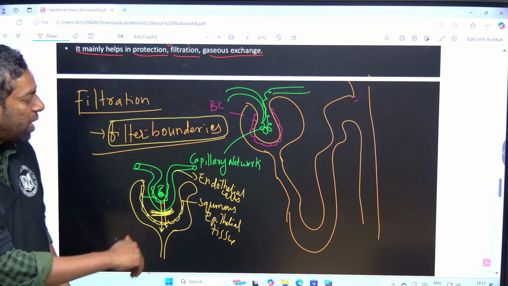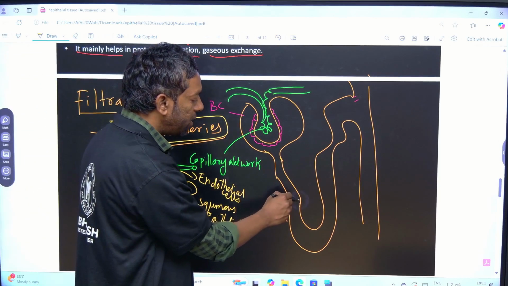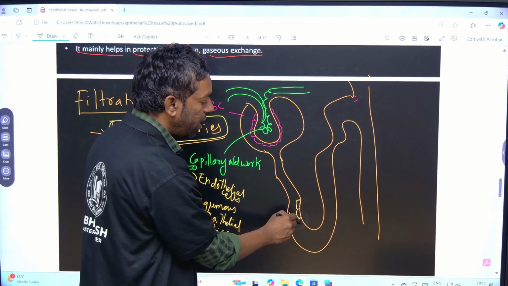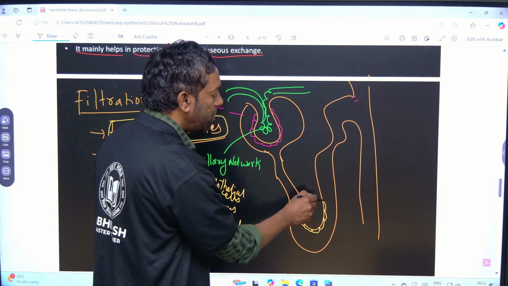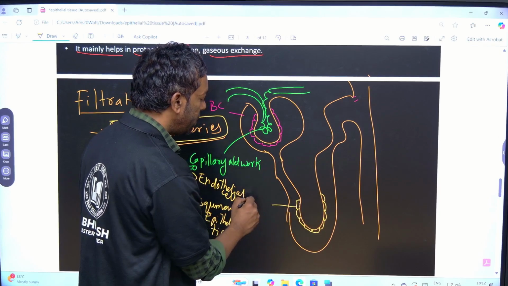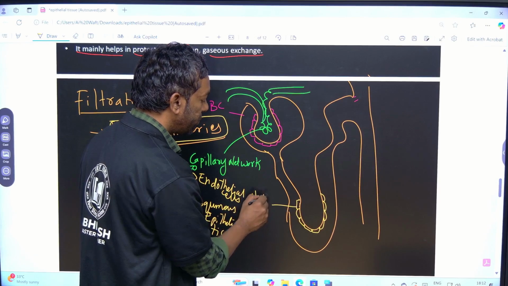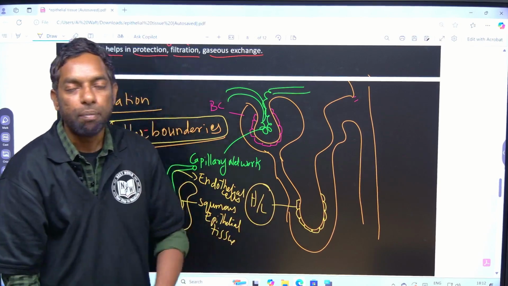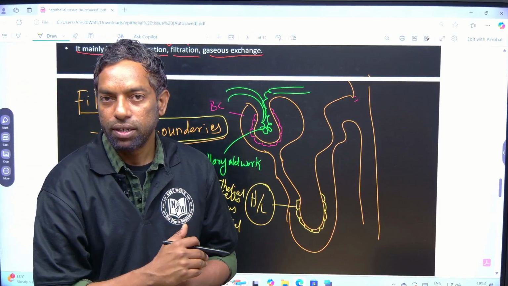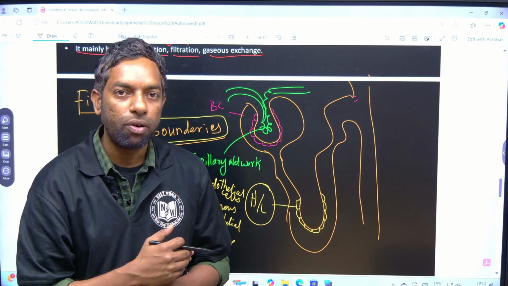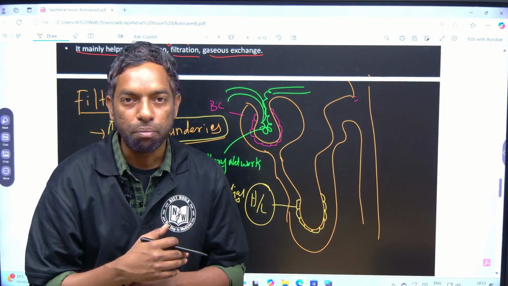As well, squamous epithelial tissue is located in the loop of Henle. Epithelial tissues are involved in the diffusion boundaries and as well filtration boundaries.